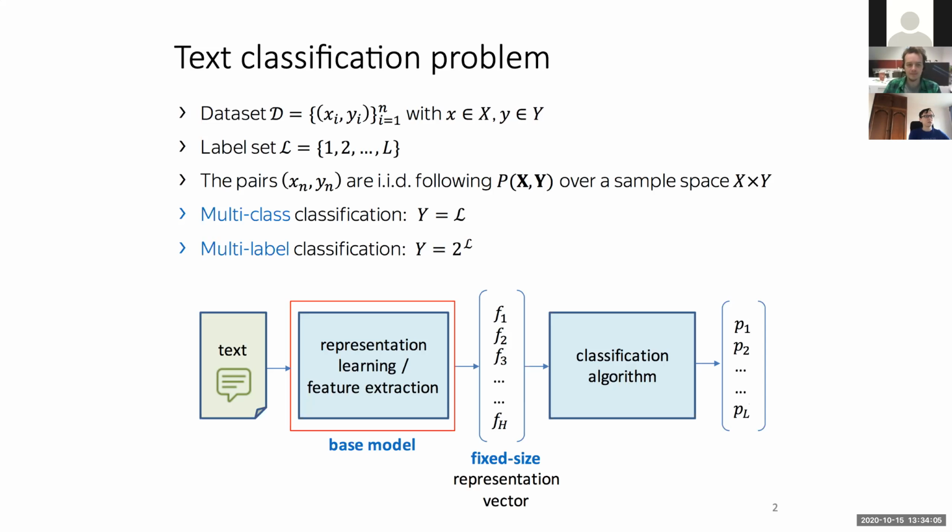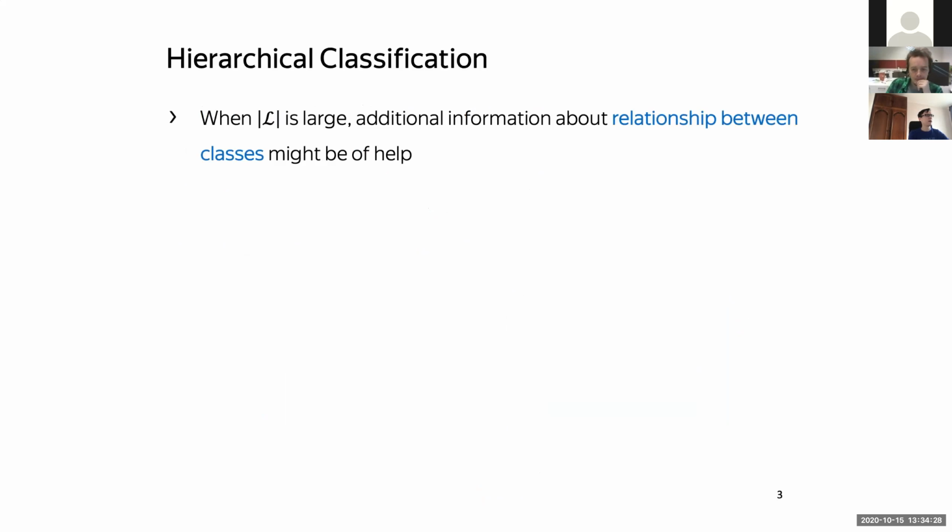And after that, a classification algorithm, for example, in deep learning, it may be just a dense layer. It inputs this fixed size representation vector and transforms it into a probability distribution over the set of labels.